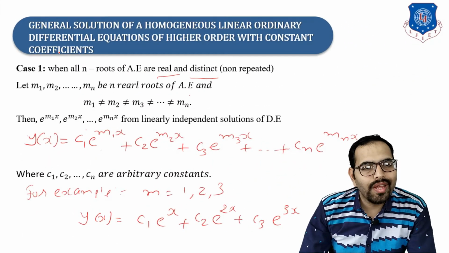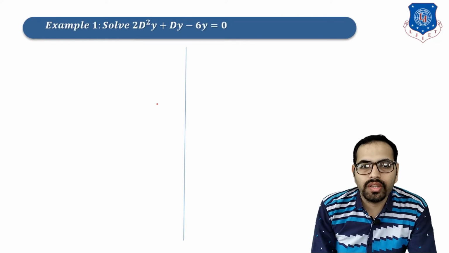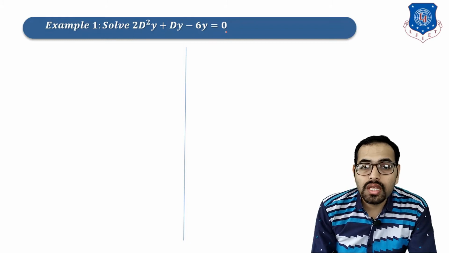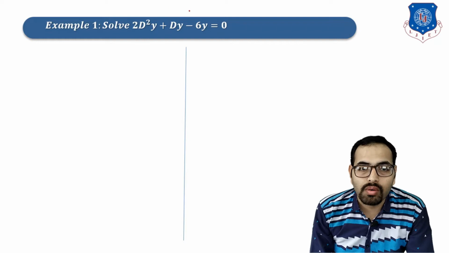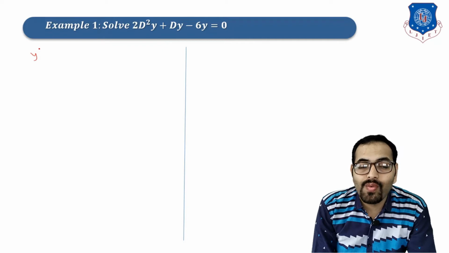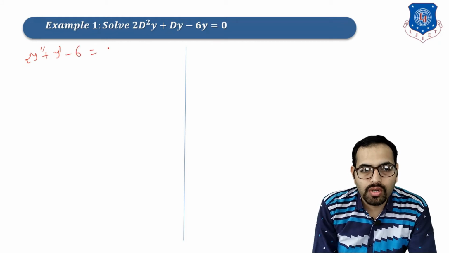Let's see one example based on case 1: 2D square y plus Dy minus 6y equal to 0. Here our question is in operator form. Sometimes our question is in the form of an ordinary differential equation, like 2y double dash plus y dash minus 6y equal to 0.